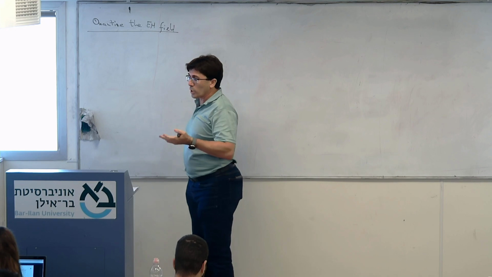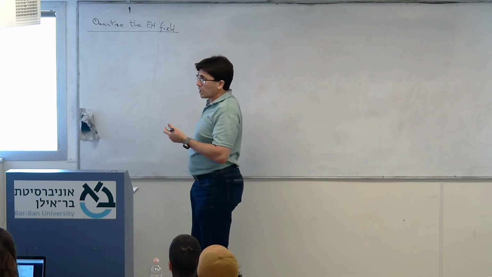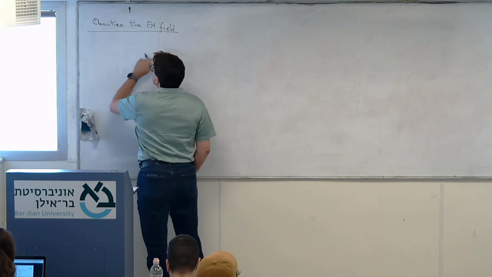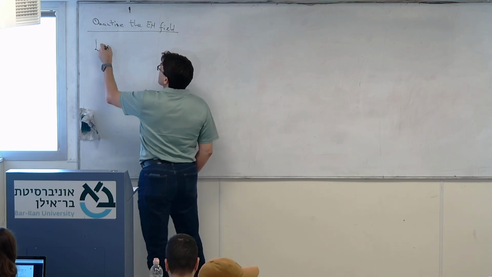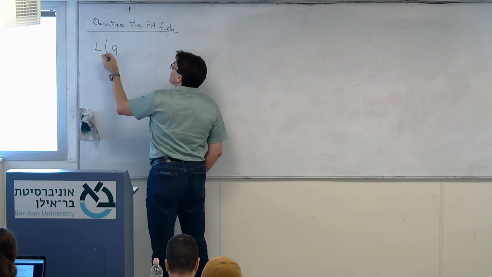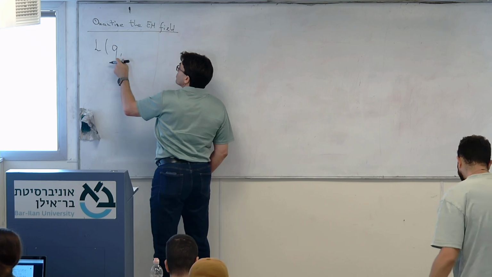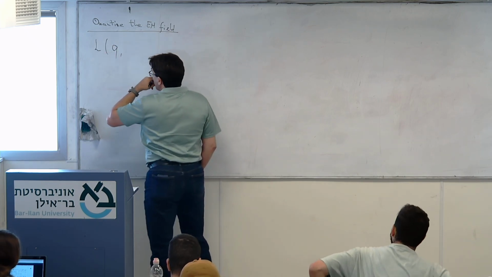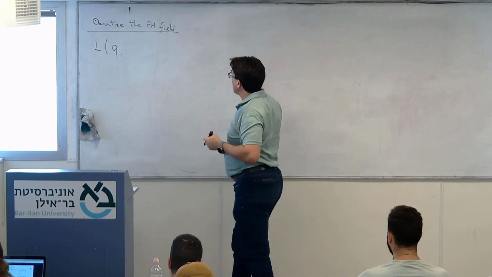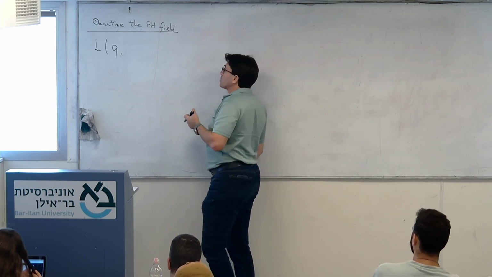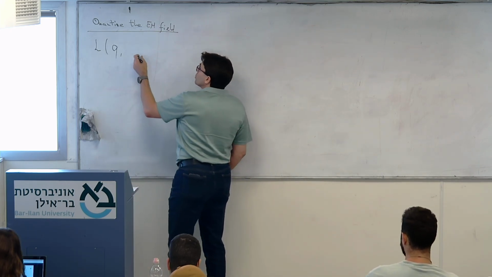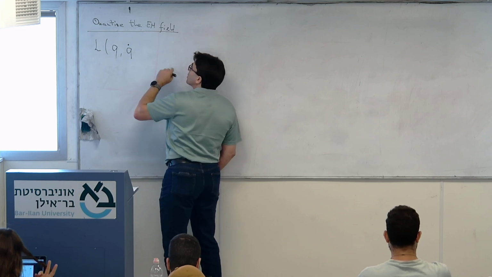the standard way is to say, okay, what is the Lagrangian? You need a classical Lagrangian, and a classical Lagrangian is written in terms of some generalized coordinates q and velocities.